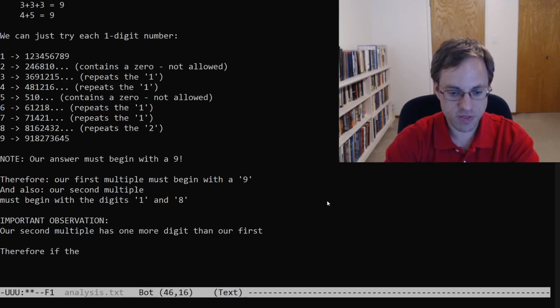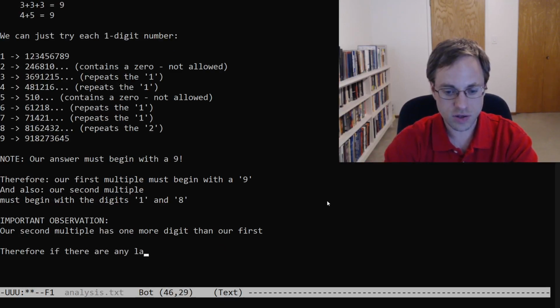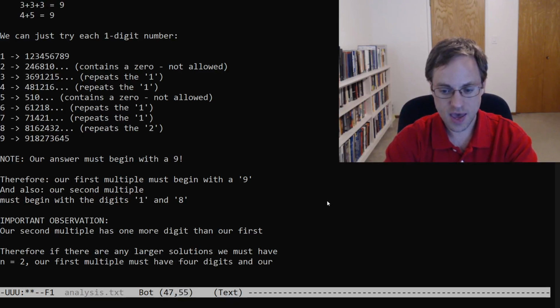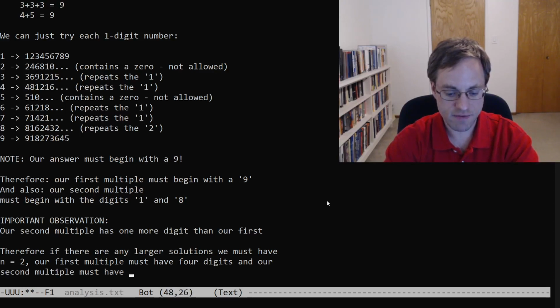Let's see if there are any larger solutions. We must have n equals 2. Our first multiple must have 4 digits, and our second multiple must have 5.